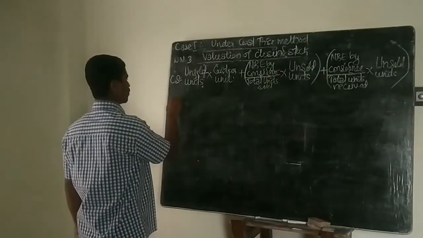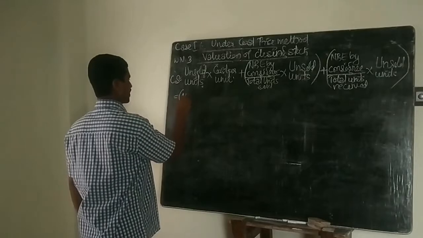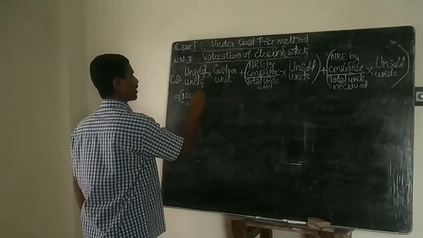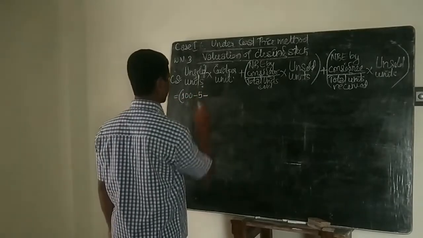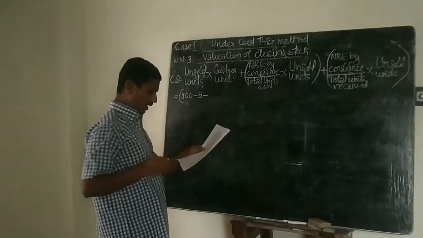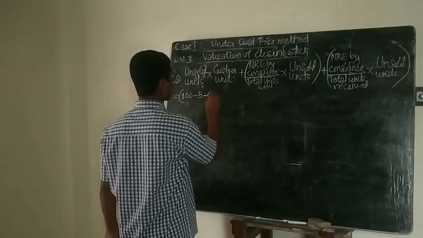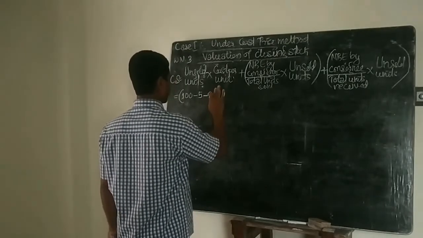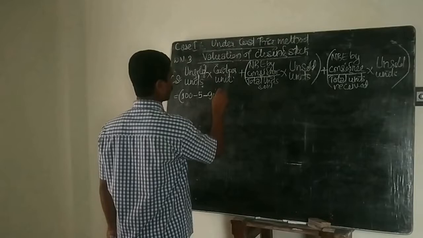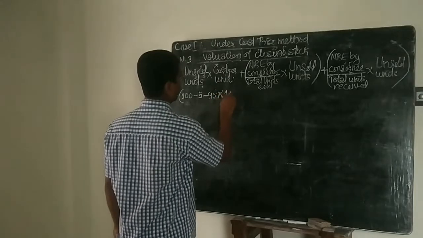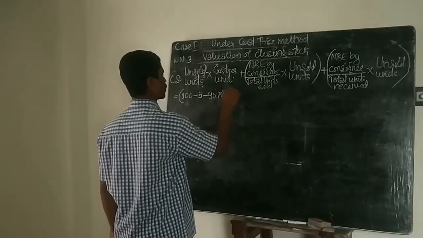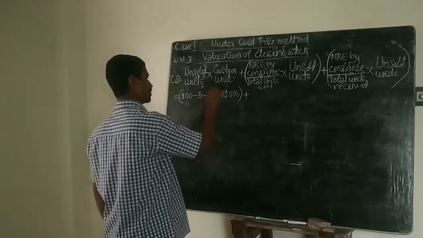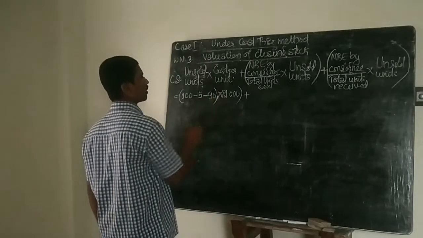So now let us substitute the values here. Totally 100 cycles were sent, 5 were totally damaged, then 90 were sold, so 90 into 1,000 each. So it is 1,000 plus, I must put a bracket here also.